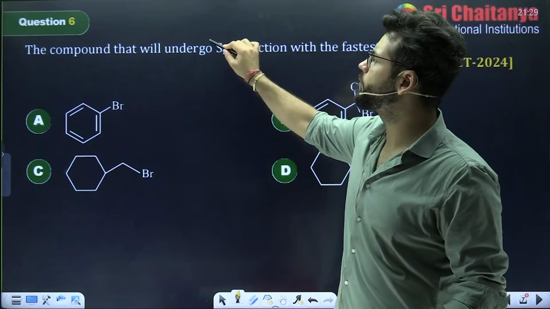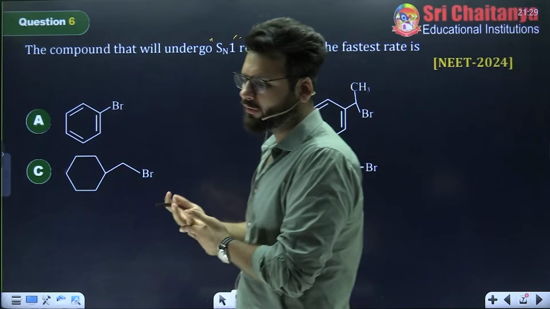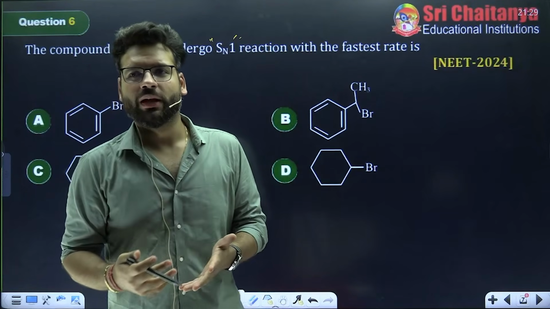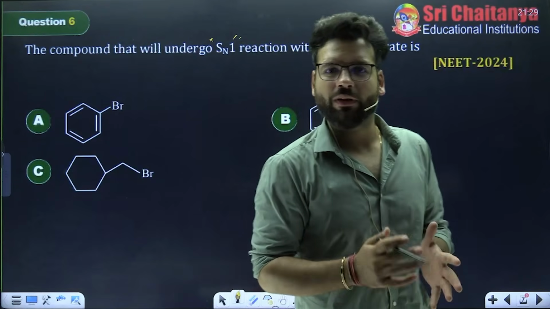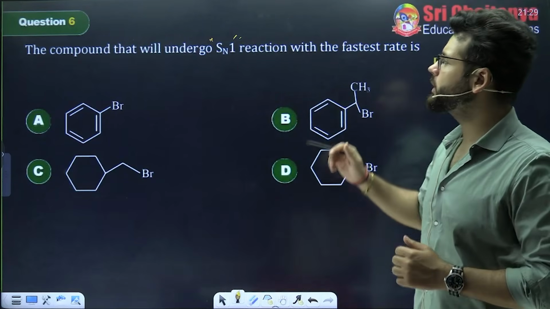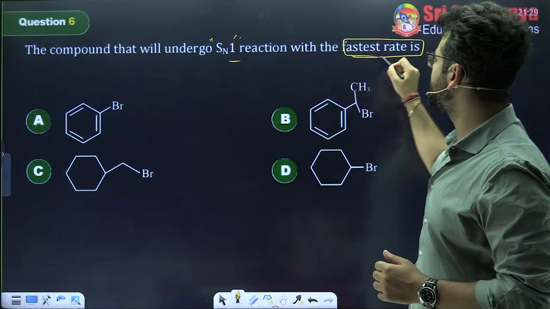Next one also from nucleophilic substitution, SN1 mechanism. As soon as we go to SN1 mechanism, we know it happens in two or more steps, where the first step is always the formation of a carbocation, where the leaving group goes out. The question is, which is undergoing SN1 reaction with the fastest rate, meaning the best carbocation.